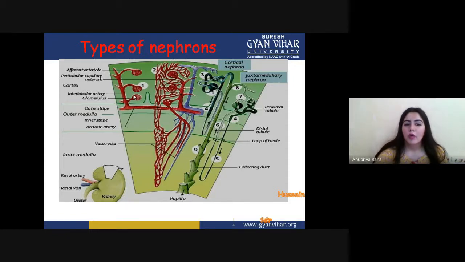Outer stripe, outer medulla, inner stripe, arcuate artery. So this is the outer stripe of the outer medulla, and this is the inner stripe, with the arcuate artery. So you can simply see the two different kinds of nephrons here, basically divided in the inner medulla and outer medulla of the renal cortex.